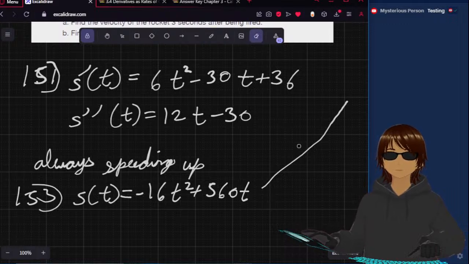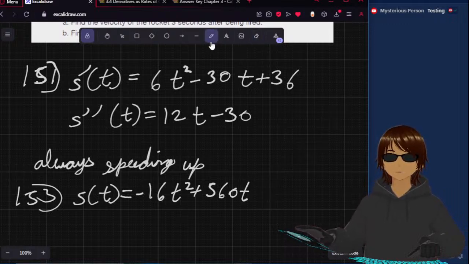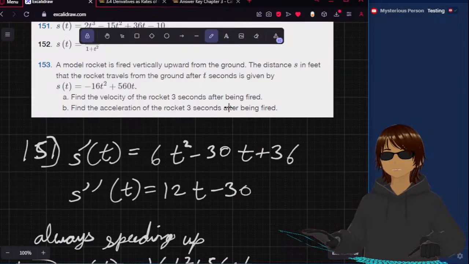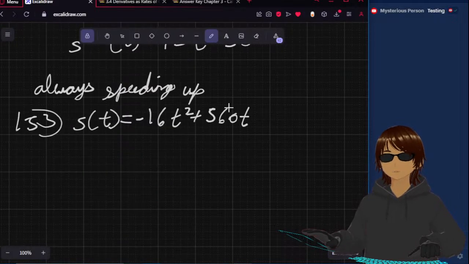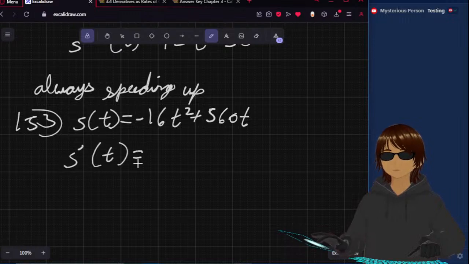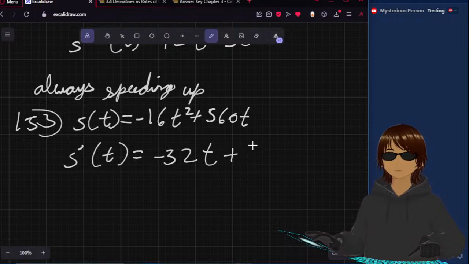Let's just erase this. 560t. Okay, now let's find the derivative. 32t plus 560.